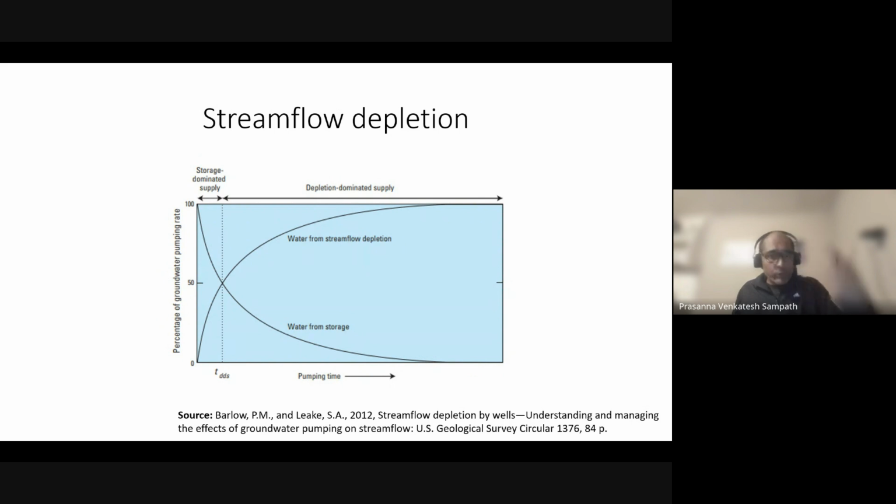Then the Green Revolution happened, and groundwater has played a major role in ensuring that India has food security. But it has come at the cost of our rivers being completely cut off from getting any base flow, which is why a lot of rivers in South India are all dry except when there's a rainfall event. Any questions?